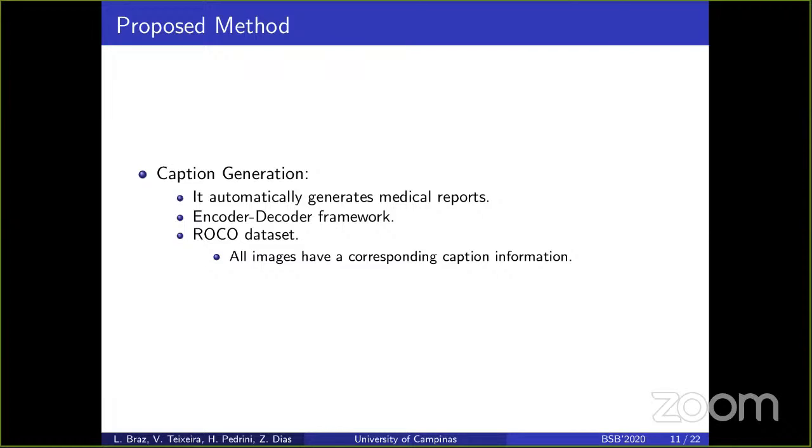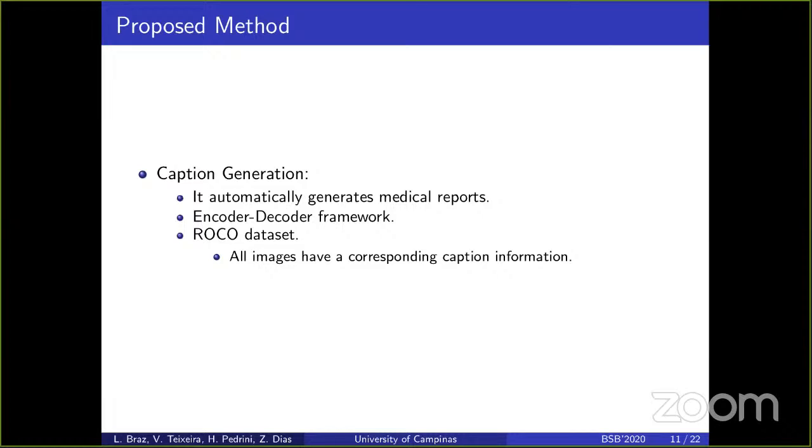Since text representations are not available on the MURA dataset, a dataset we're going to talk about early, we use a caption generator module to automatically generate medical reports for each image.